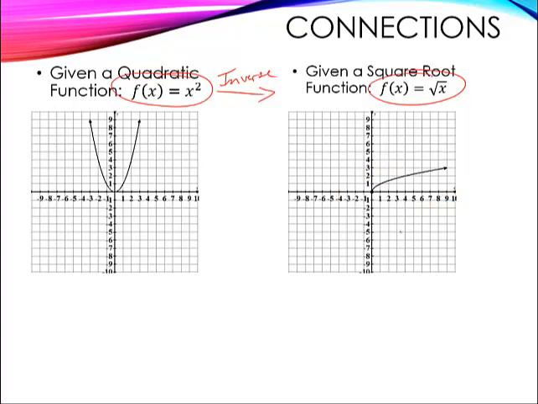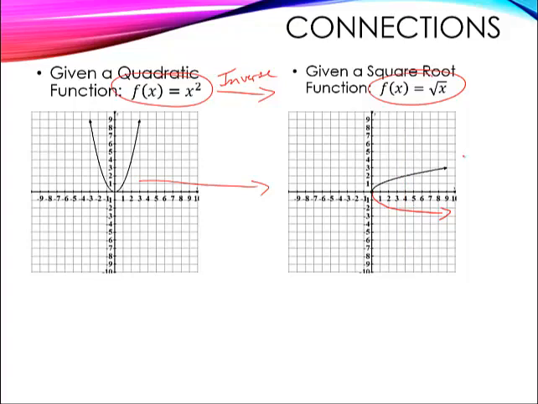Now, if we were to take the inverse of our actual graph here to the left, then we would have the top leg and the bottom leg of the inverse. But if you see here, this is not a function because it doesn't pass the vertical line test. It passes through it twice.